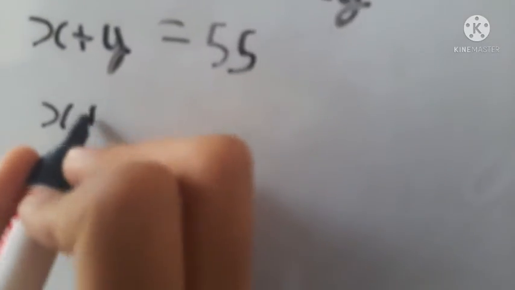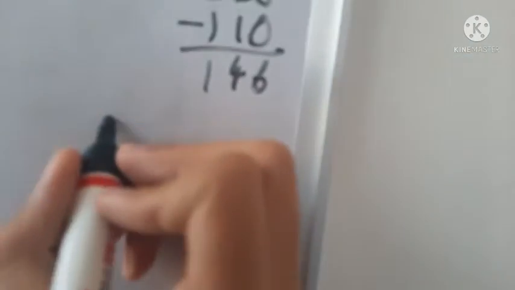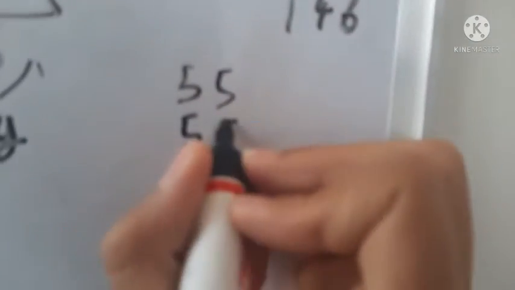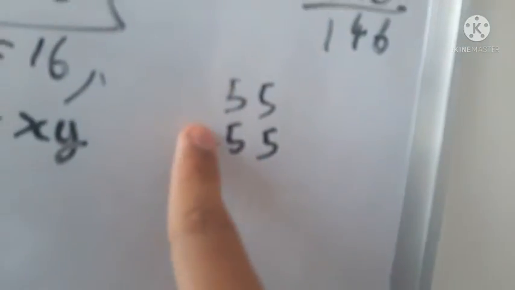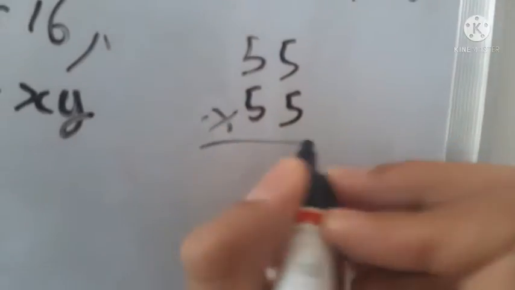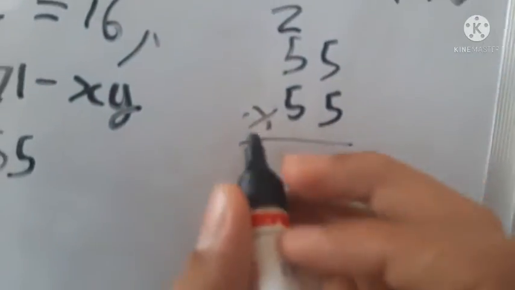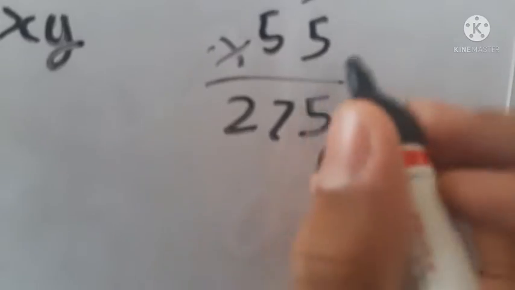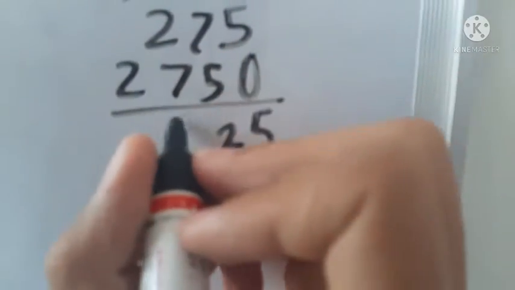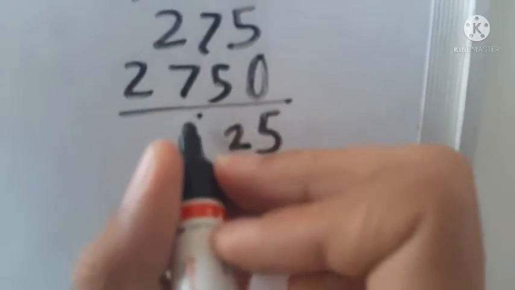Okay, so let's square both sides. x plus y whole squared is 55 squared. 5 5s are 25, and so on, so that's 3025.